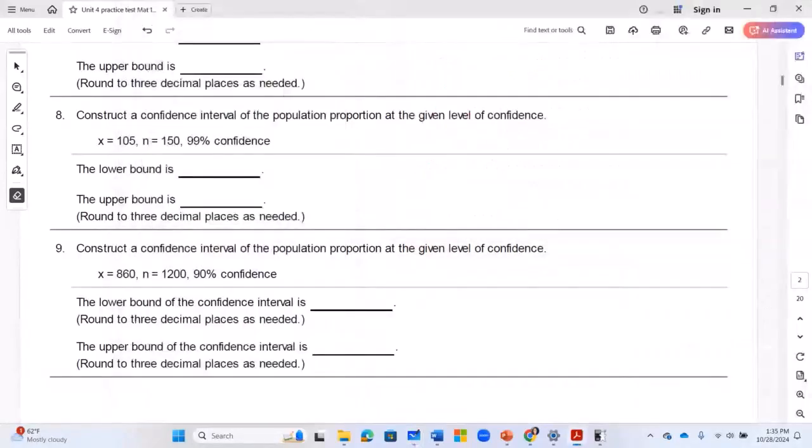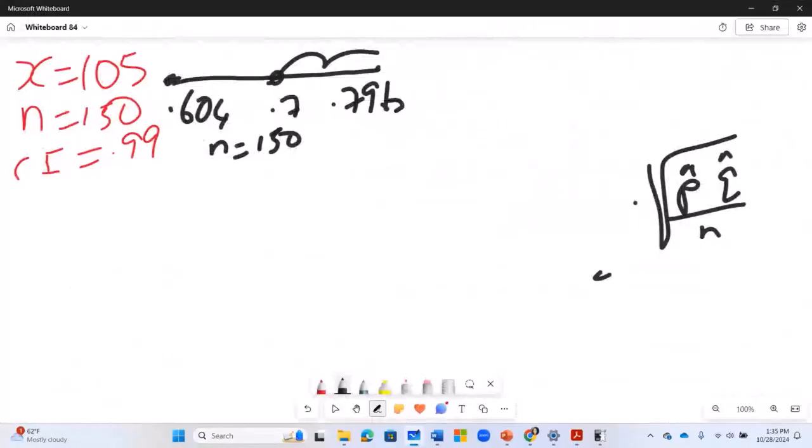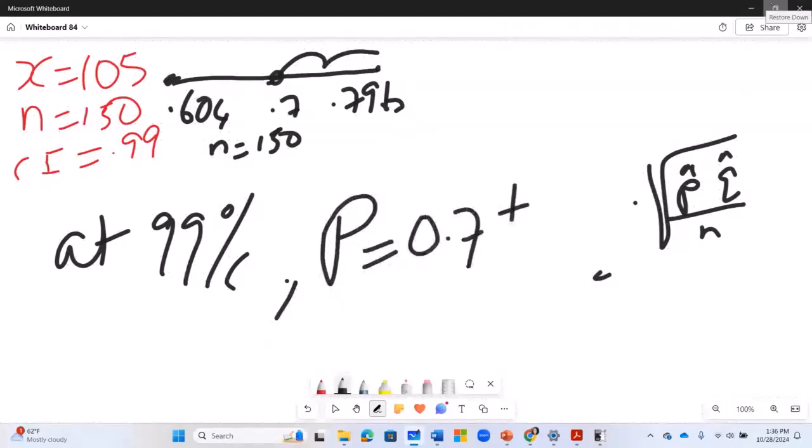And then now that I found the margin of error, I can conclude that at 99% confidence, I can say that the population proportion is equal to the sample proportion plus or minus the margin of error, which is 0.096.